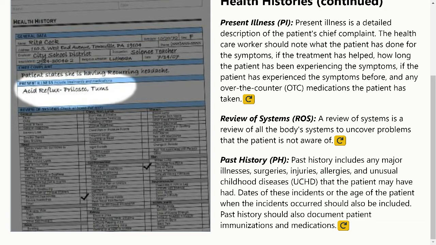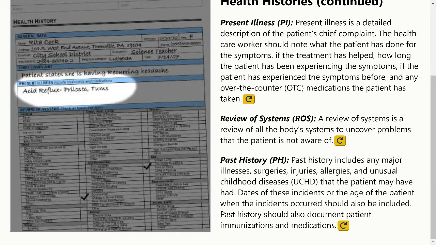So if you are taking ibuprofen for pain or you're taking something for asthma, is it helping? Is it not helping? Because they might want to switch you to a different medication. They might want to increase your dose of whatever you're currently on. So they're going to try to see how you're presenting at that time during that actual visit.